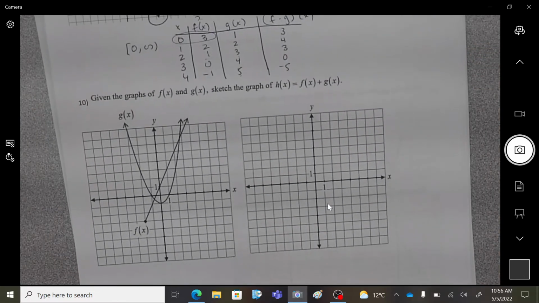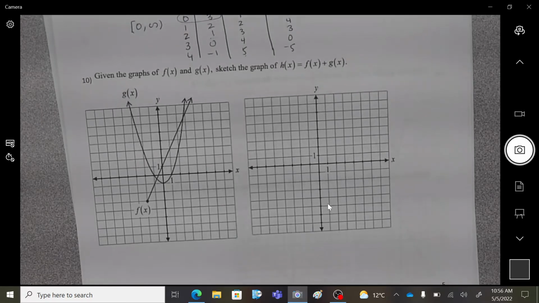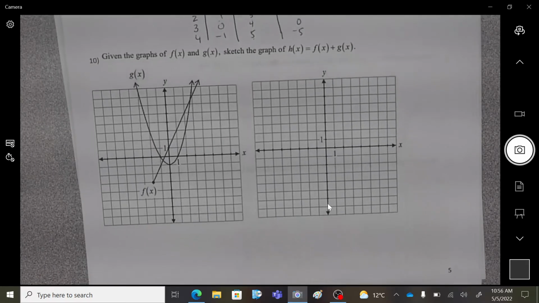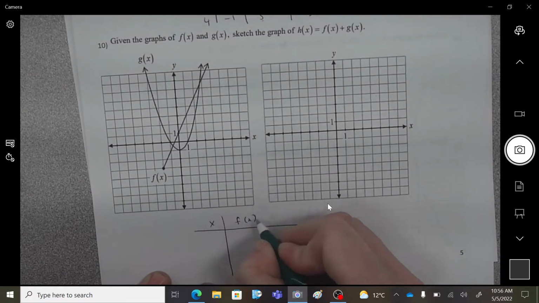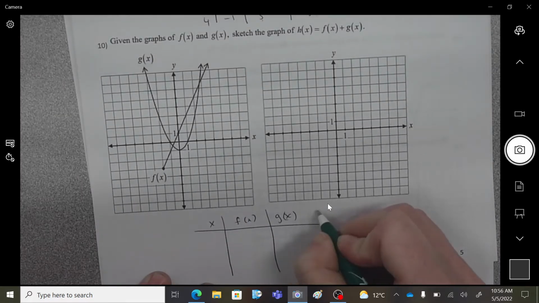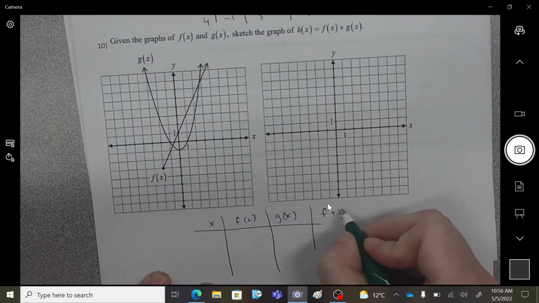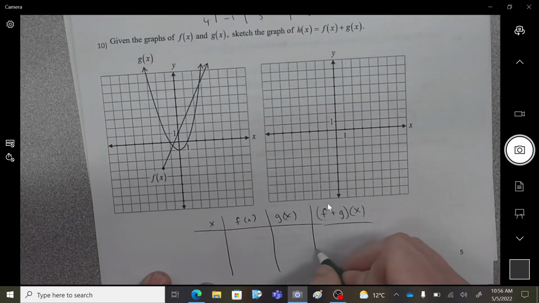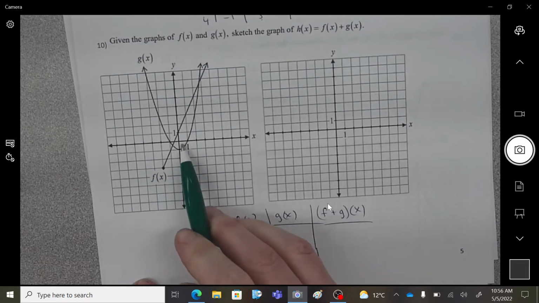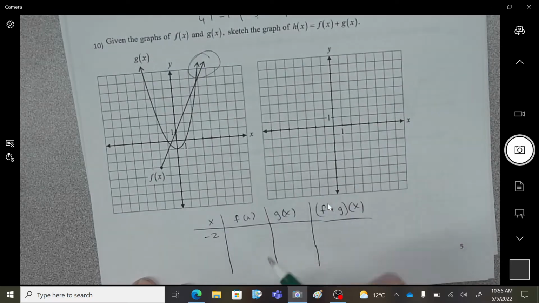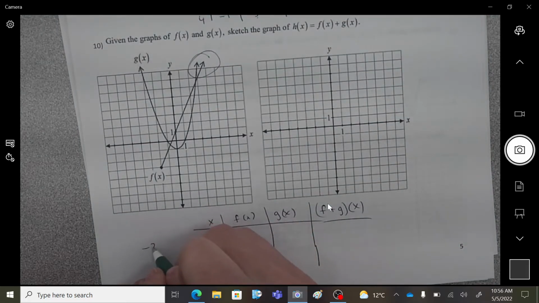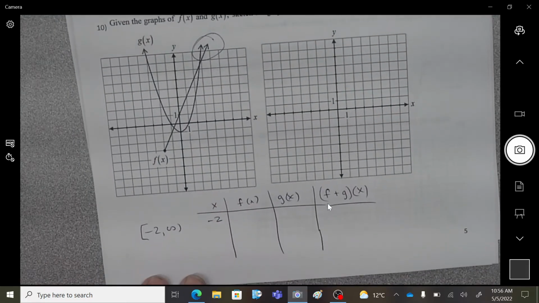Okay, number 10, given the f and the g, sketch the addition function. Okay, so the domain we have to restrict at negative 2, and then they both go right, so we will go from negative 2 to infinity.